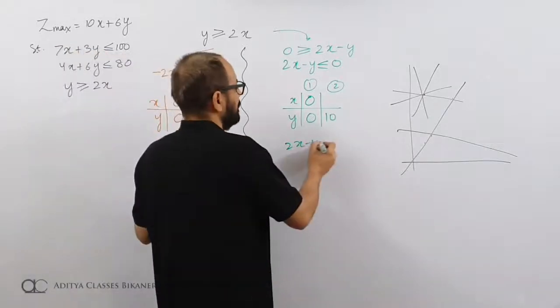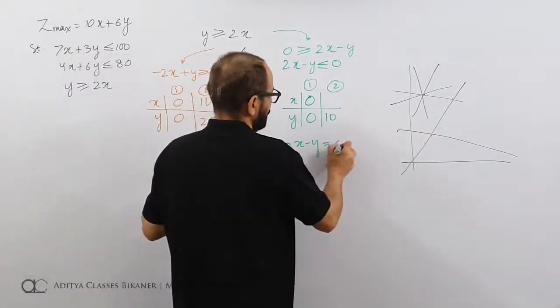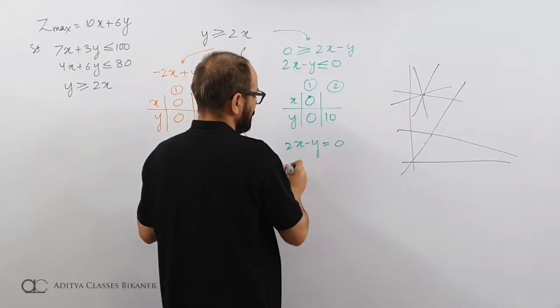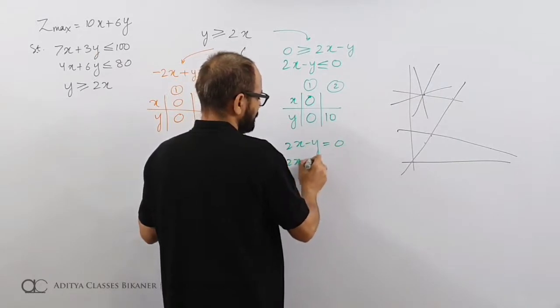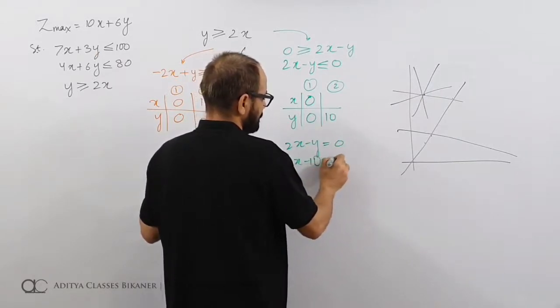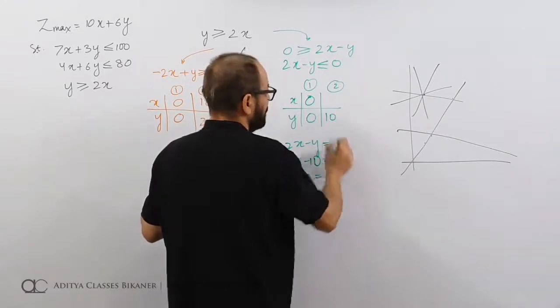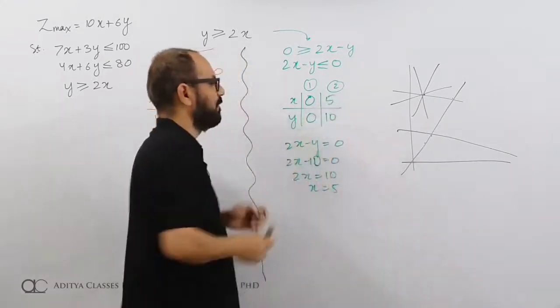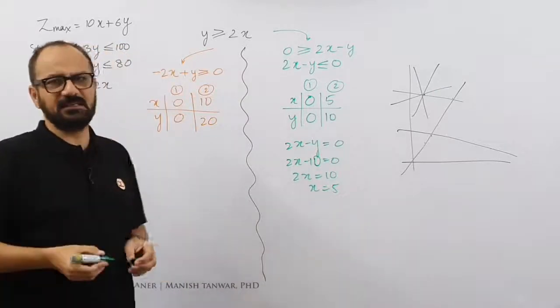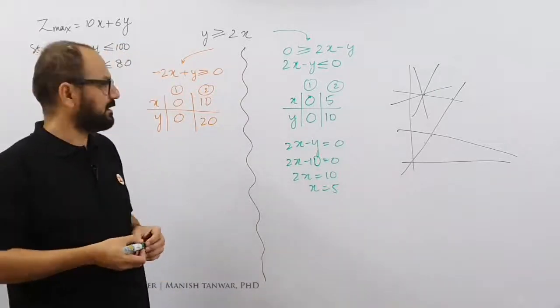We'll see. 2x minus y is equal to 0. We wish to take y as 10. So it is 2x minus 10 is equal to 0, making it 2x is equal to 10, x is equal to 5. If I take y as 10, x comes down as 5.